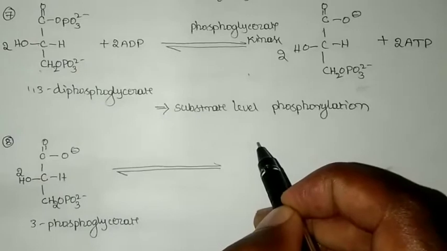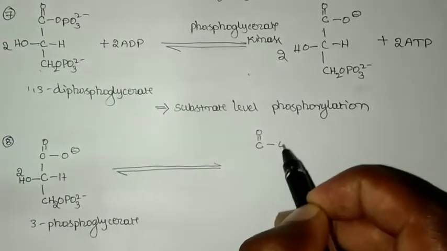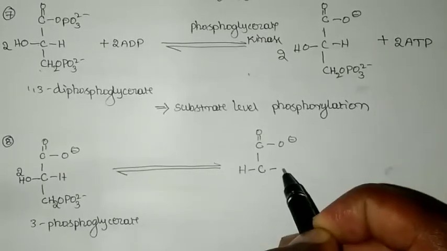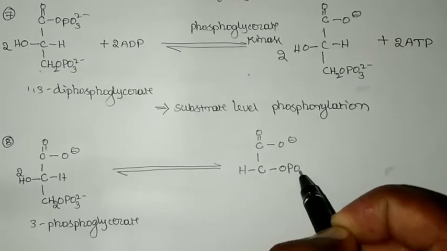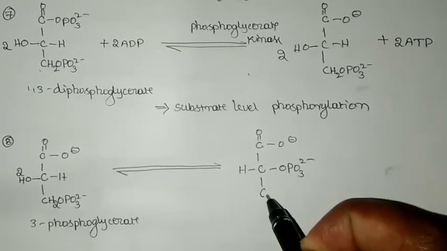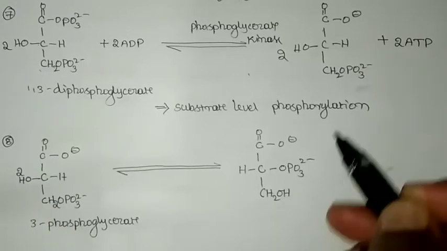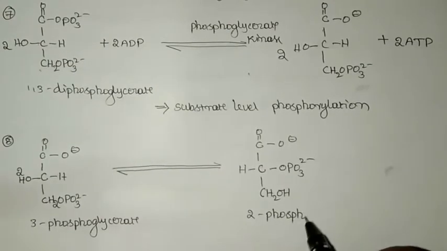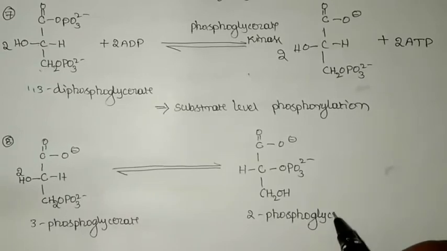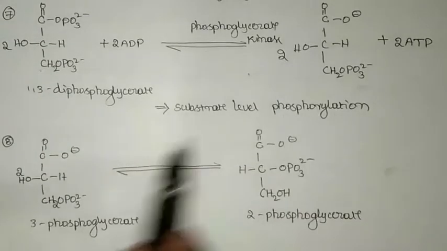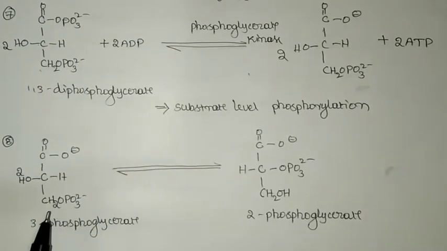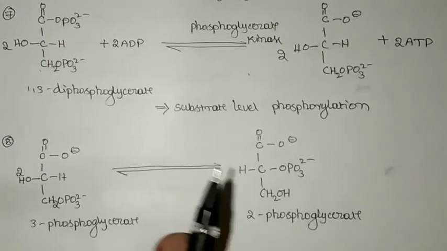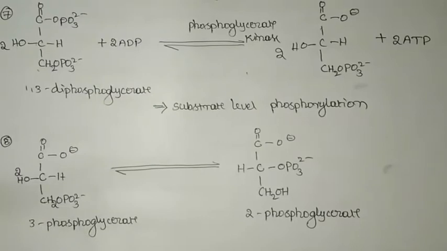So first we shall write the complete conversion, that is COO minus, CH, OPO3 2 minus and CH2OH. So 3-phosphoglycerate has been converted into 2-phosphoglycerate. There will be no change in the molecular formula. The only thing is that the position of the phosphate unit has been shifted from the third position to the second position. That means in simple biological language we can say there occurs some mutation, some internal conversion, some internal changes.